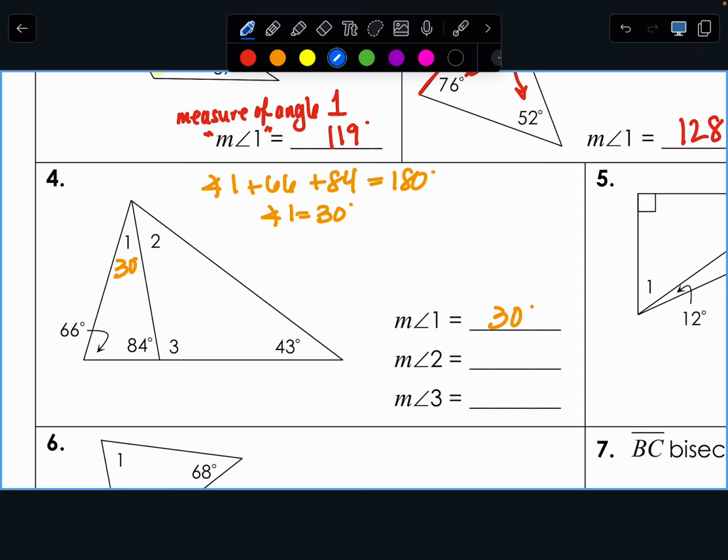Notice that angle 3 is the exterior angle for that triangle, right? So then I can say that angle 3 equals 66 plus 30. So angle 3 equals 96 degrees.